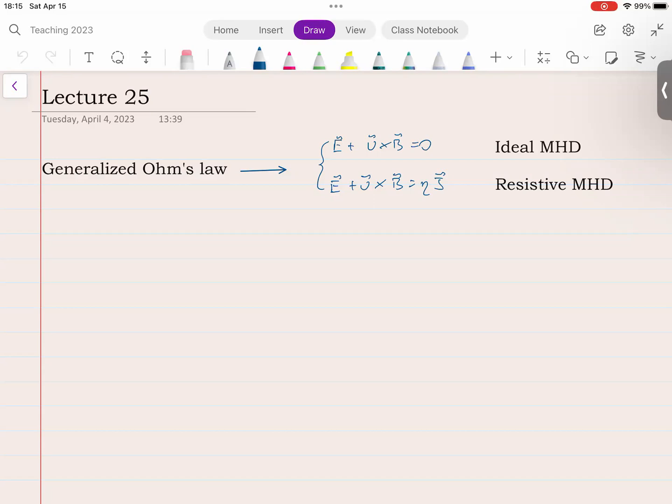And as the textbook emphasizes, the resistive MHD Ohm's law is not necessarily a wonderfully accurate description of the physics in our plasma, but it's the simplest way we can include resistivity in our description.